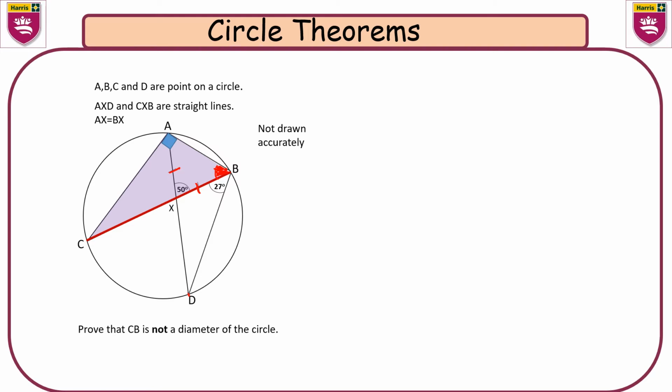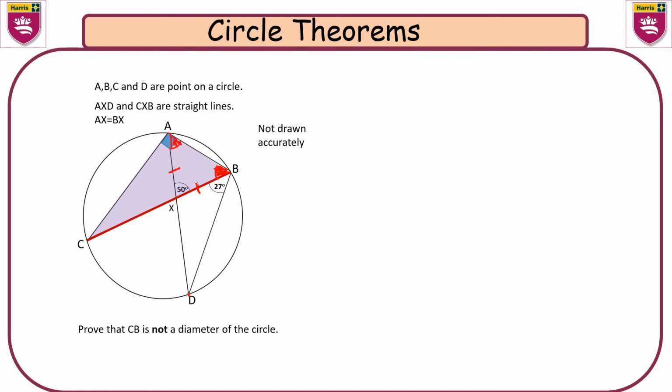The only way I can prove whether or not it is a diameter is to find out what this angle is, and if it is not 90 degrees, then it is not the diameter.